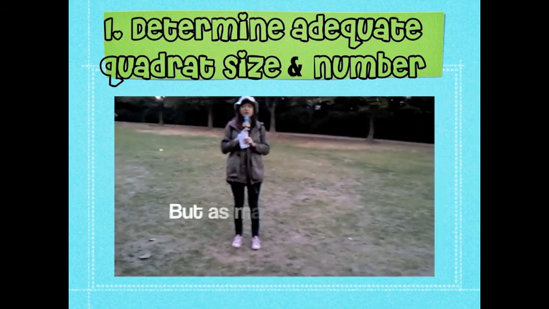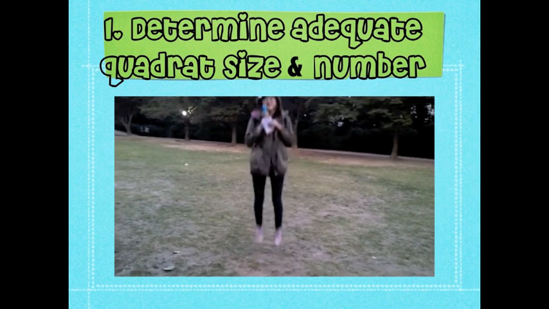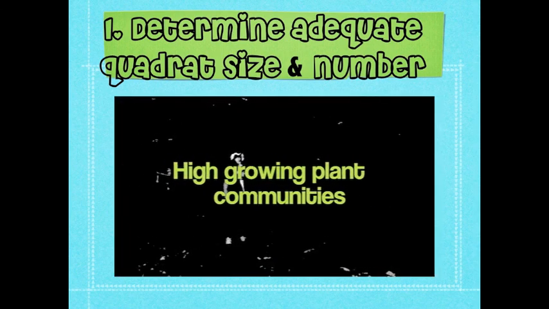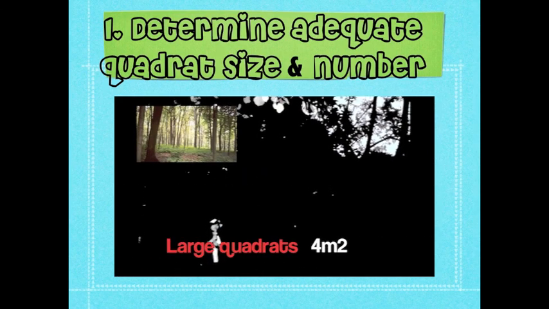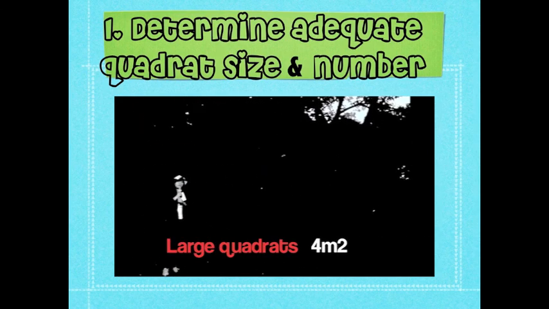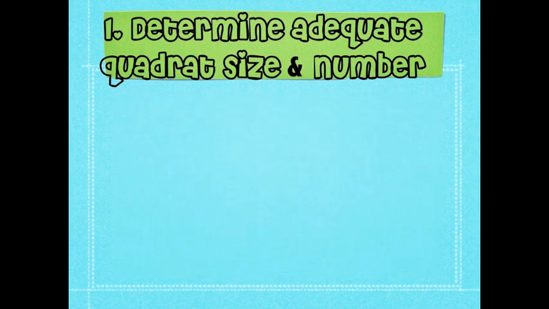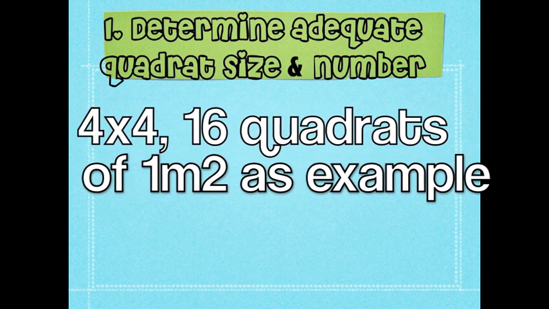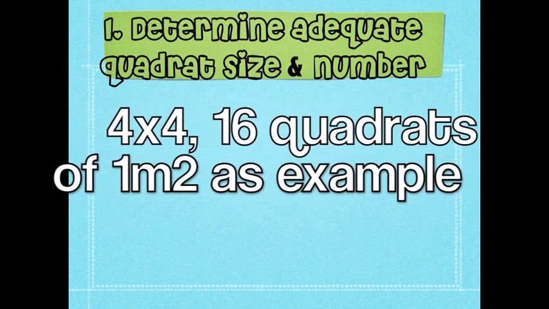If your quadrats are this small, then you'll need as many quadrats. On the other hand, for high-growing plant communities like woodland, you'll need larger quadrats like 4 square meters. However, you'll need fewer quadrats. For my example from now on, I'll use 4 by 4, thus 16 quadrats of 1 square meter.